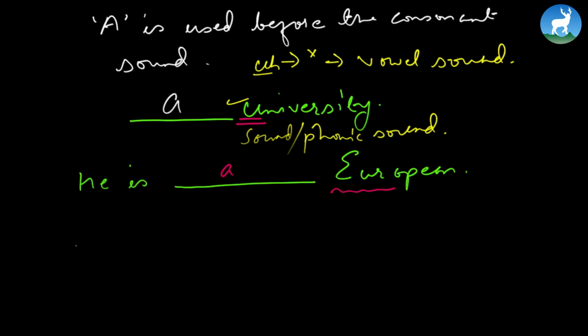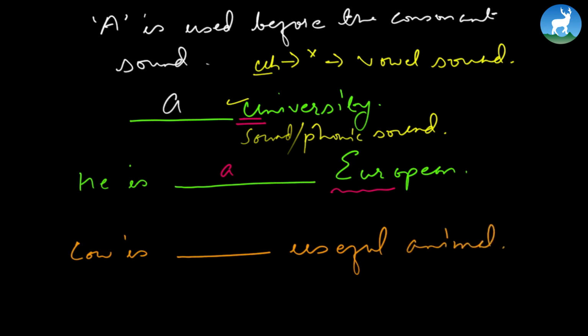Similarly, one more example. Let's say, cow is useful animal. Look at that, "you". Don't write an here just because the letter is U. You'd be wrong. We have to work on the phonic sound here. Useful, again "you", not "oo". That's why the correct answer would be cow is a useful animal.